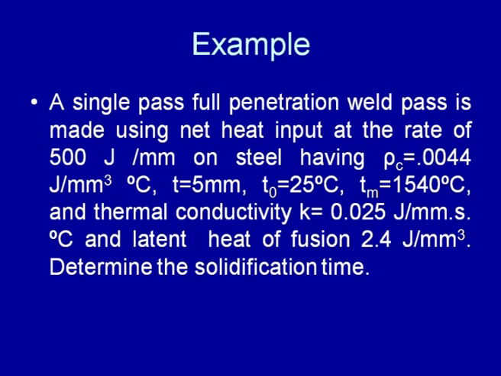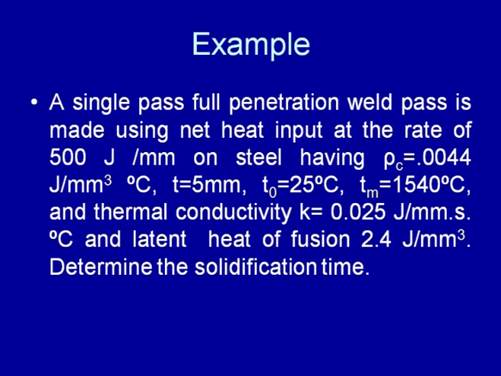Now, we will see one example to show how the solidification time during welding can be obtained. Say for one case, a single pass full penetration weld is made using a net heat input of 500 joule per mm on a steel having rho C, where rho is the density and C is the specific heat, of 0.0044 joule per mm cube per degree centigrade.